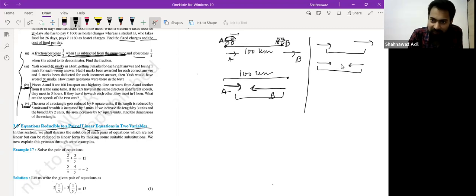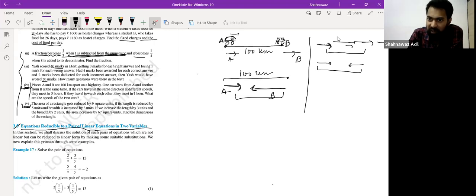When they travel in the same direction, they have to chase each other, right? Because when this one reaches here, then this guy will go here, right? So to meet each other, they will take a longer time.